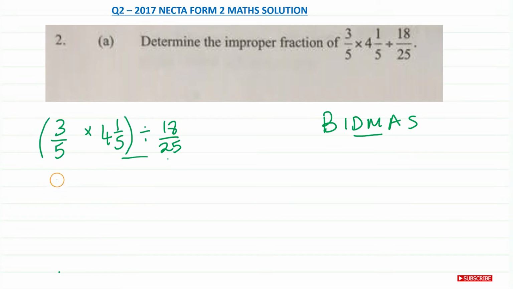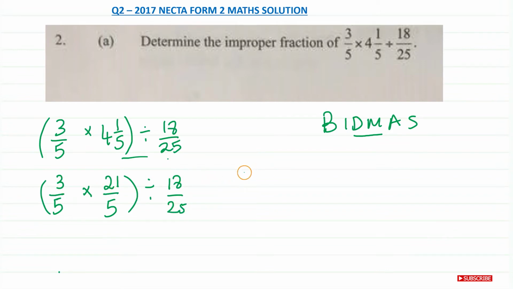So that is going to be equal to 3/5. You must convert your mixed numbers to fractions. So that is 4 times 5 is 20, plus 1 is 21 over 5. And then we still have divide by 18 over 25. So let's put these together.